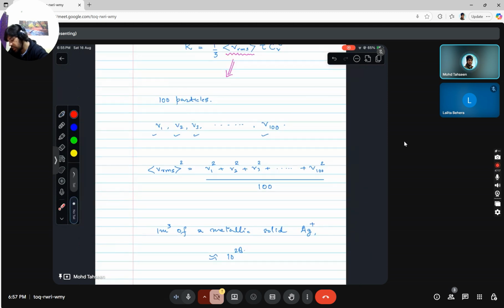So when the dimensionality of our system is large, imagine what this sum would look like. We'll have to add 10 to the 28 terms and then take their average, which is not conceivable physically. We cannot do it for all practical reasons.